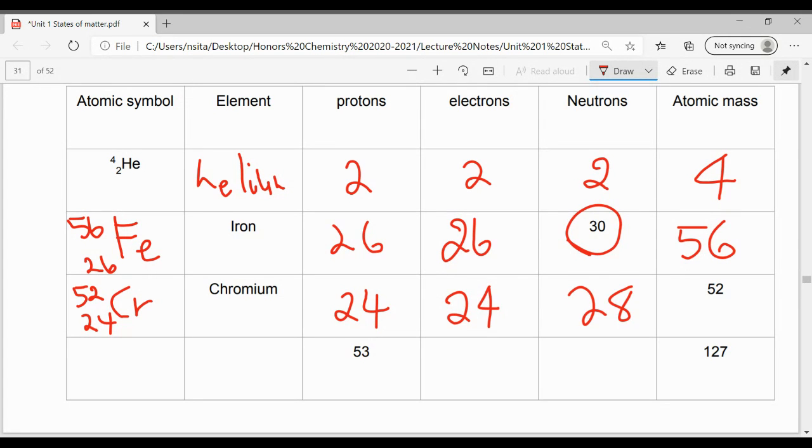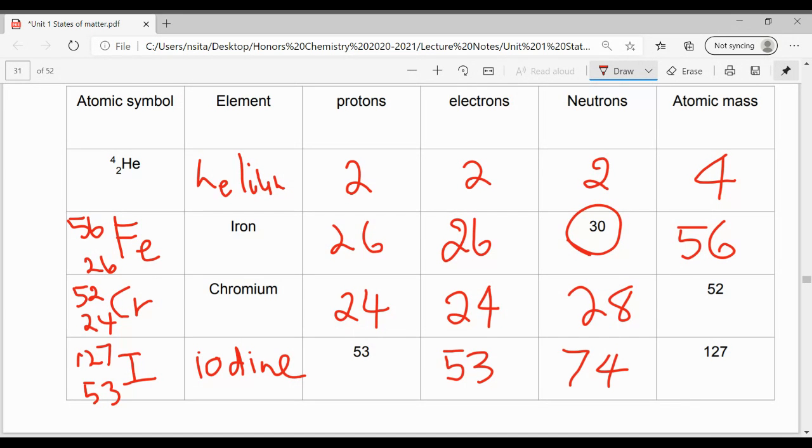Okay. Now, what about this one? 53. Let's take a look at the periodic table. Element 53, let's scroll down. 53 looks like it is iodine. So we write I, and then 53, number of protons, mass 127, and the electrons will be 53 as well. And then 127 subtract 53, so that means the number of neutrons will be 74. Okay, so that's how you do it.